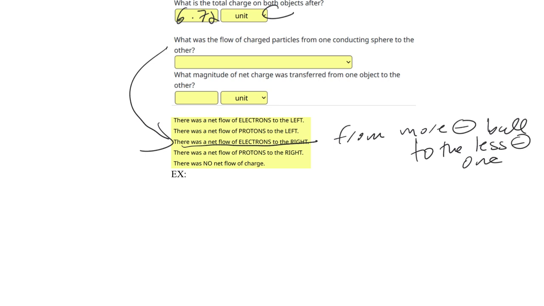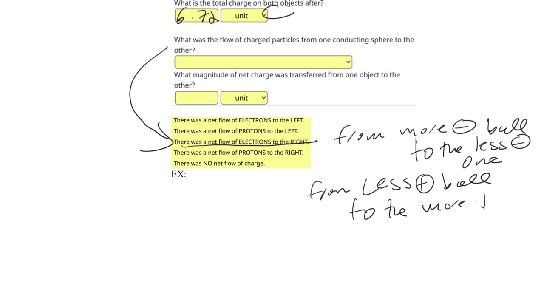In other words, from the less positive ball to the more positive one. Okay, so that would be this choice right here.